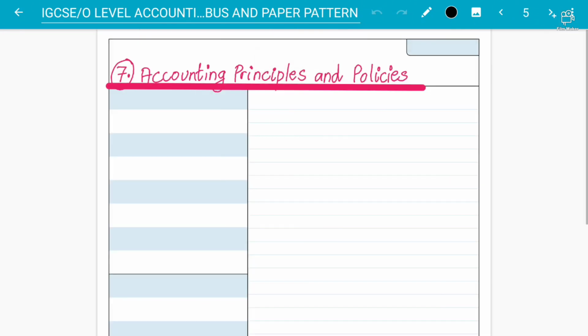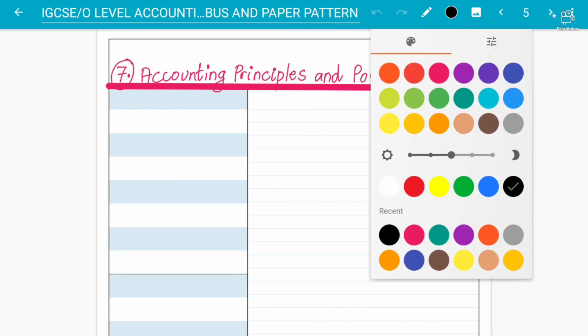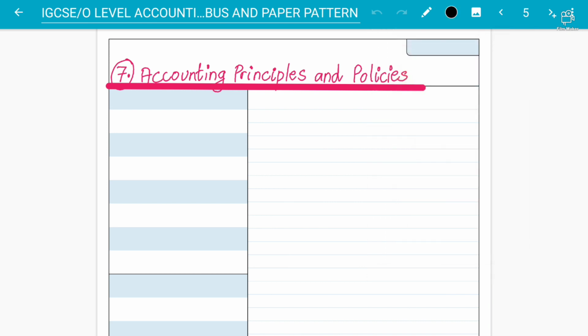And with this we come to the last section, section number 7, in which we talk in detail about the accounting concepts, just like business entity, money measurement, historical cost. I'm just giving some examples. We have the matching concept, business entity, consistency, going concern, prudence concept, realization concept, historic cost concept, materiality concept.